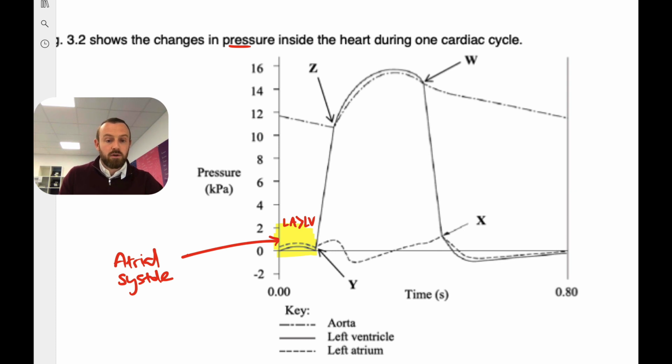But then we move into a new phase. Now, the pressure in the left ventricle shoots up enormously. We're probably around about here. It's shooting up enormously. So what's going on here? Well, this is now ventricular systole.